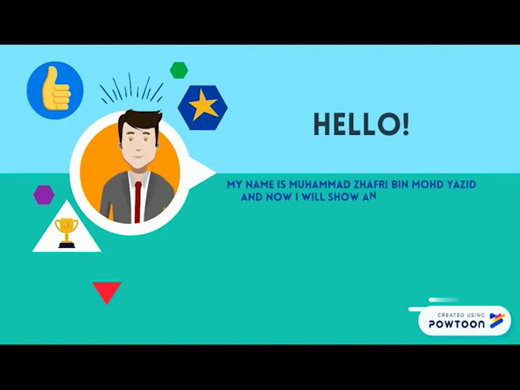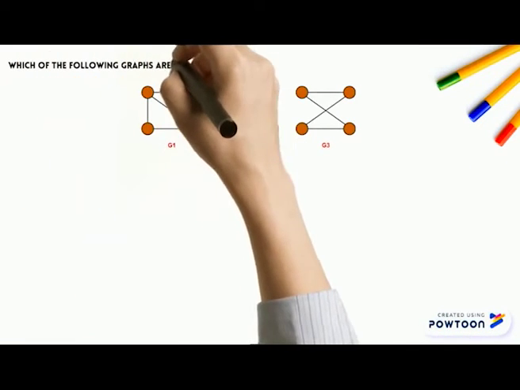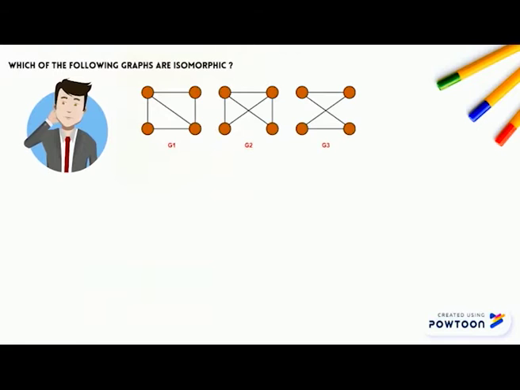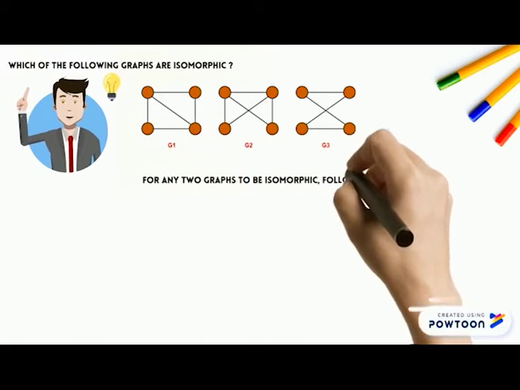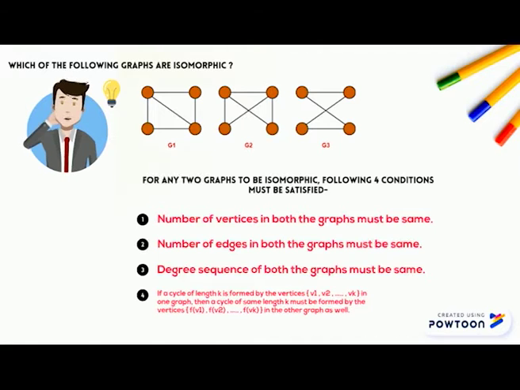Now I will show you another example of graph isomorphism. Which of the following graphs are isomorphic? For any two graphs to be isomorphic, the following 4 conditions must be satisfied. First, the number of vertices in both graphs must be the same.